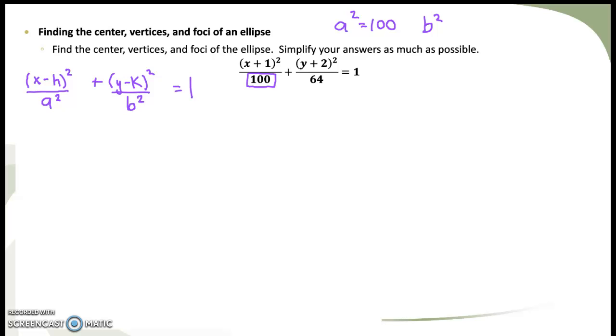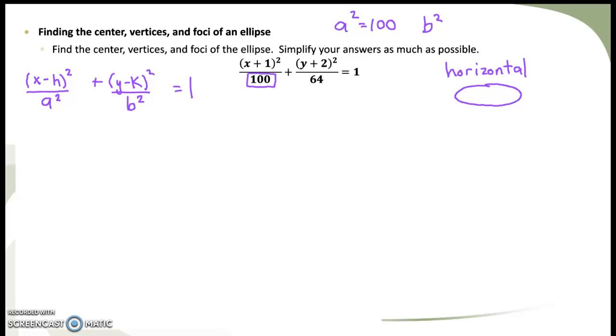Now, when our a is over our x, that indicates we're going to have a horizontal major axis, which means it's going to look like this. So in the x direction it's stretched, rather than looking like this where in the y direction it would be stretched. So in this case we have a horizontal one.